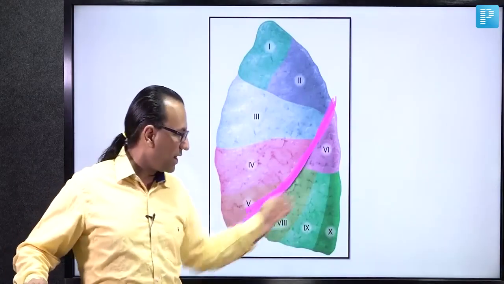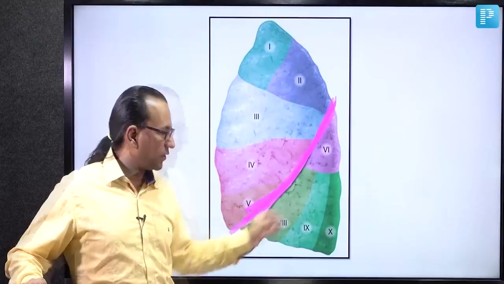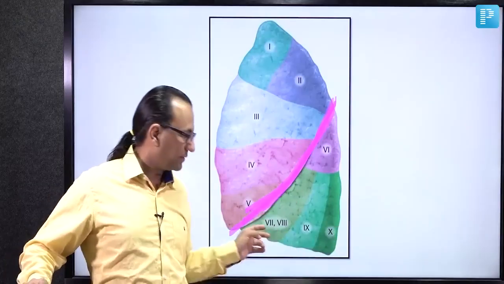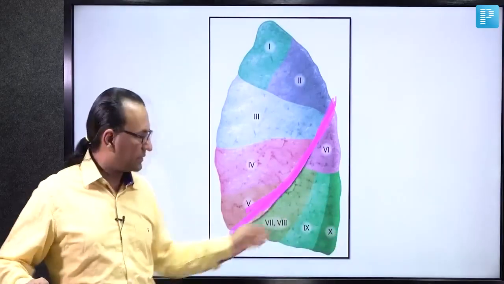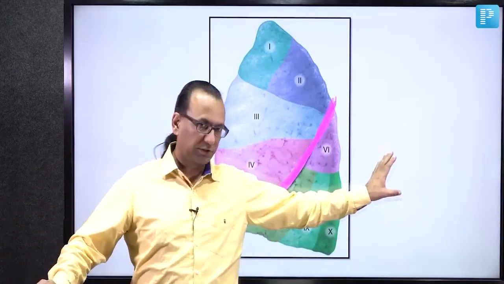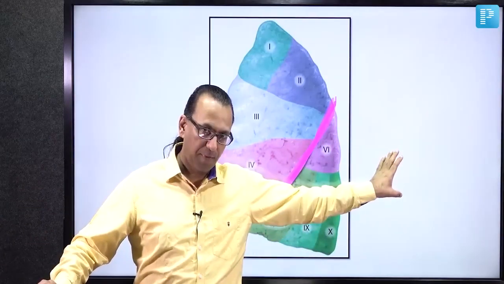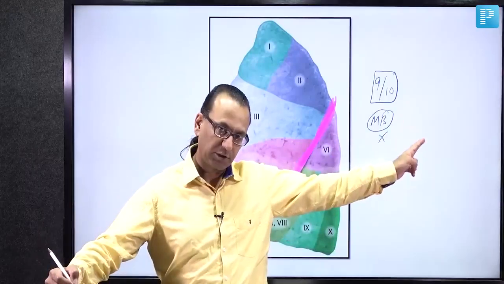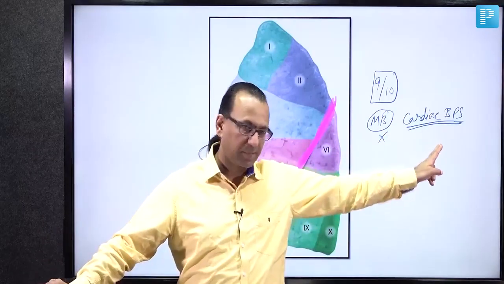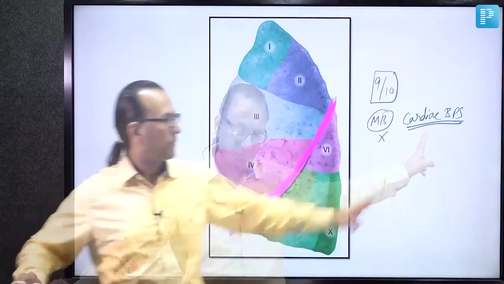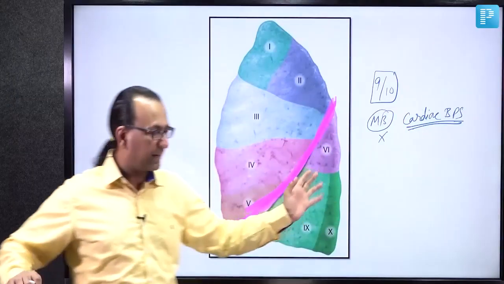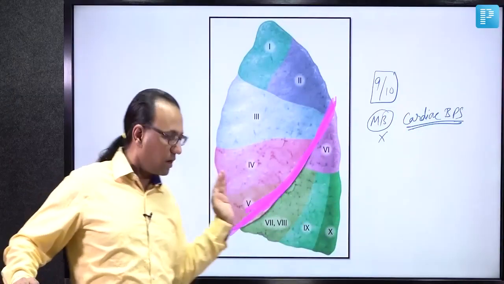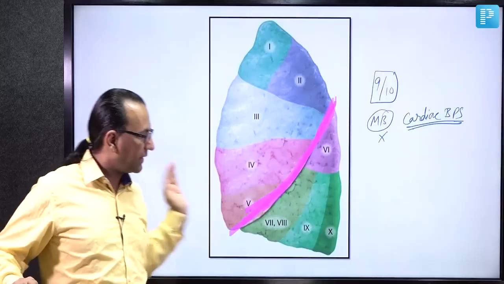Can you tell me why the medial basal is missing? Let us find out. There are only 3 basal which are called anterior basal, lateral basal and posterior basal. So there are 9 BPS out of 10 in most of the population, and medial basal is missing, which is also called cardiac BPS of the lung, and it is present only on the right lung. It happens because the left lung is being encroached by the heart from the medial direction.